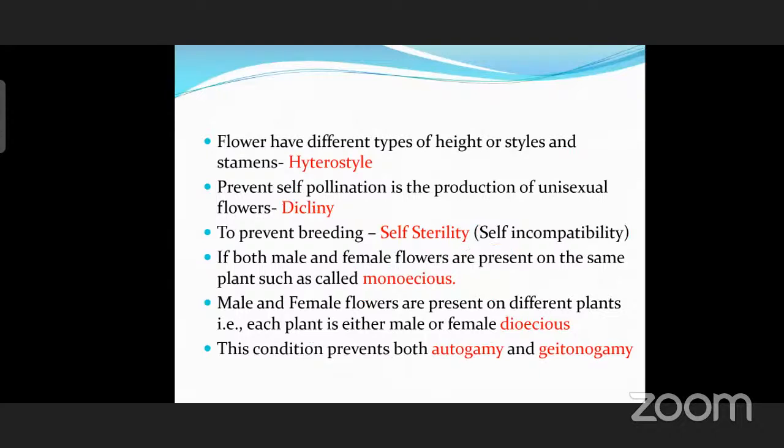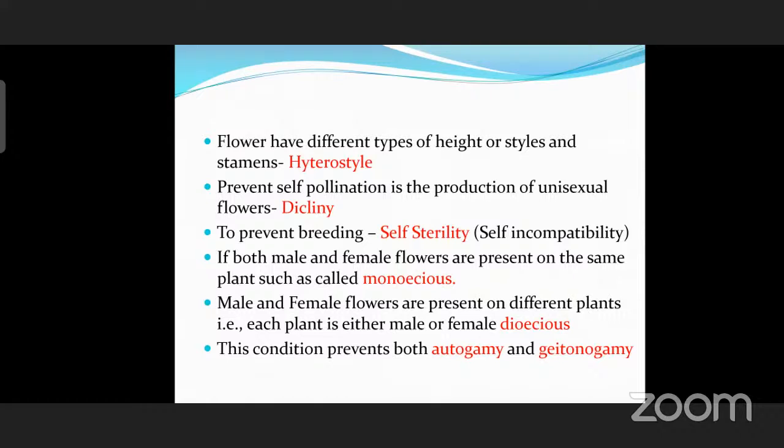First device, dichogamy. The release of pollen and the receptivity of the stigma are not synchronized. Dichogamy is of two types, protandry and protogyny. Second device, hercogamy. The pollen cannot come into contact with the stigma of the same flower.